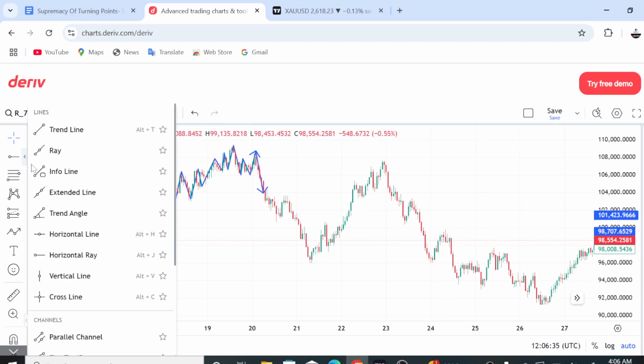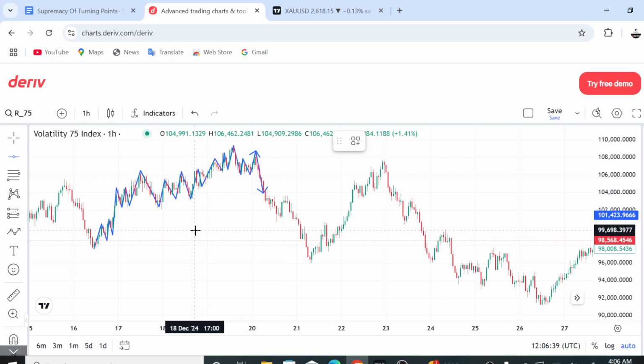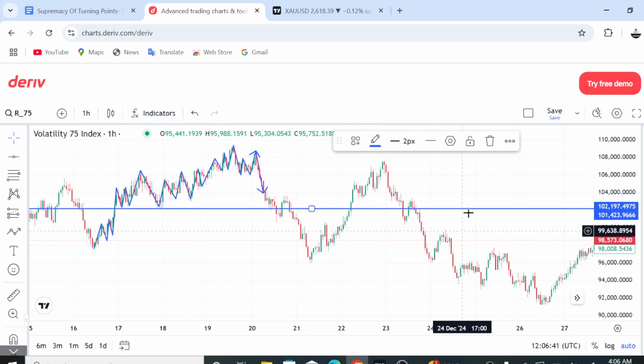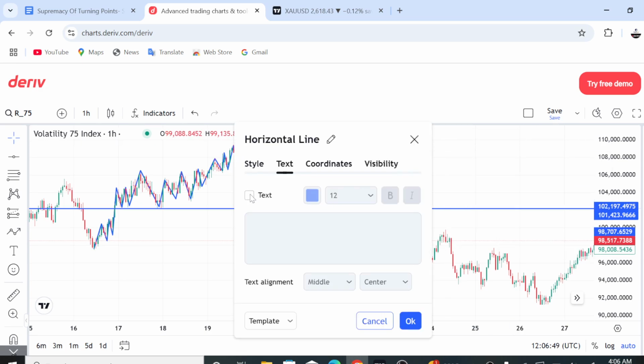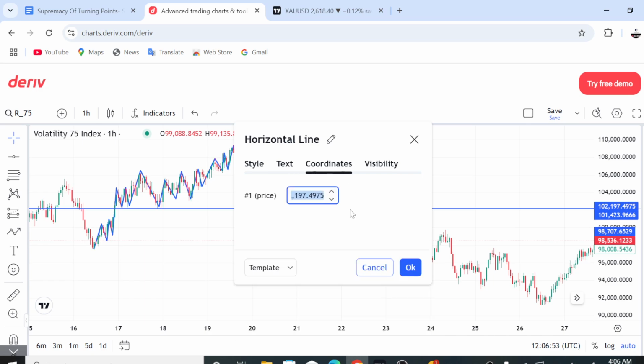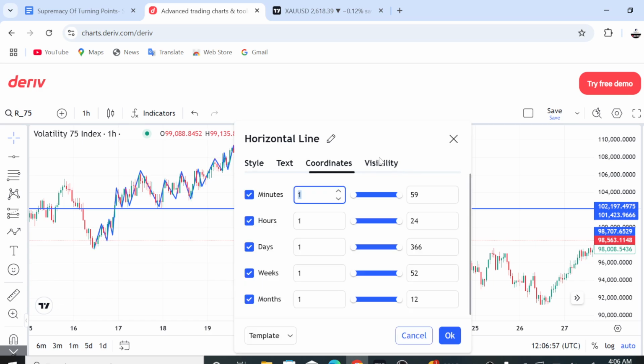Okay, this is a horizontal line. Let's make this thing more practical.